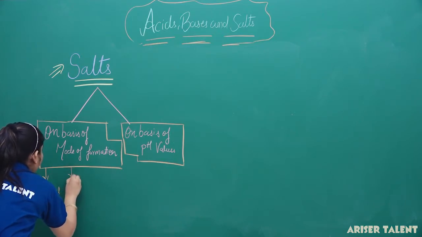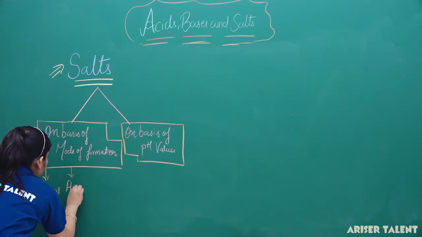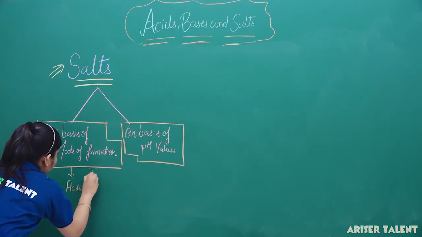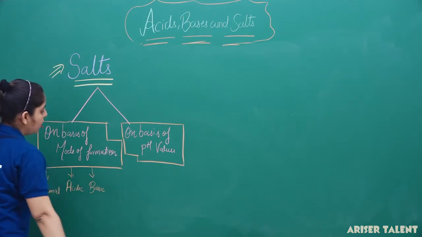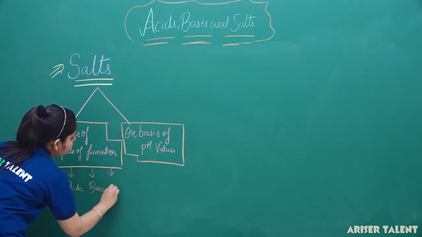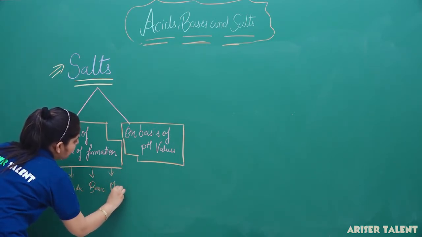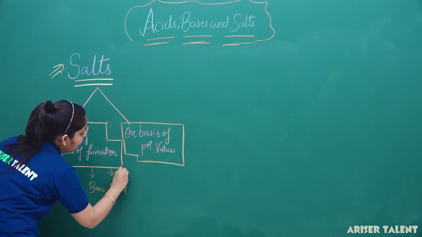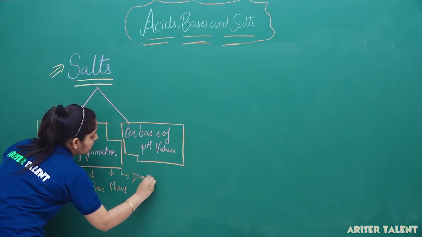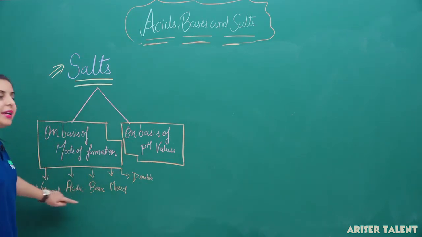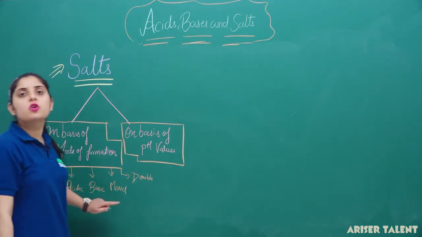The second category is acidic salt. The third category is basic salt. The fourth category is mixed salt, and the last category is double salt. So these are the categories on the basis of the formation of the salt.